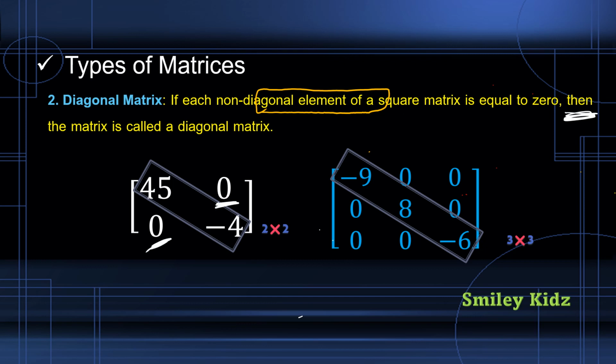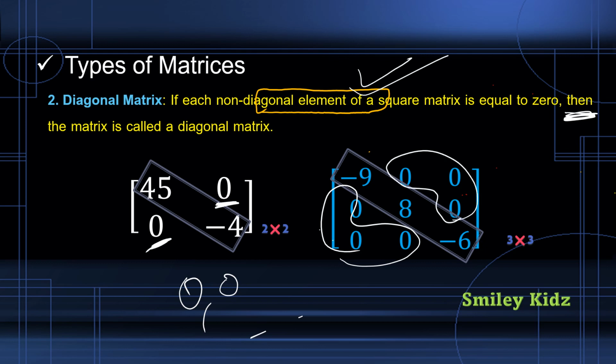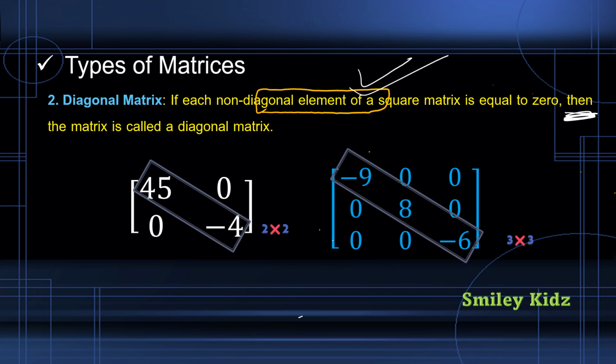That means 0 and 0 here are nothing but the non-diagonal elements. On the other hand, if you look over here, again all the non-diagonal elements are equal to 0. That means such a matrix where the non-diagonal elements are 0 is known as a diagonal matrix.